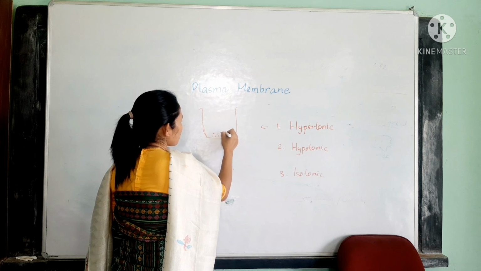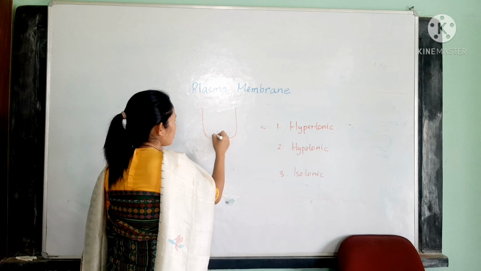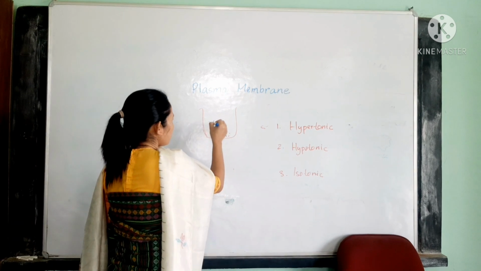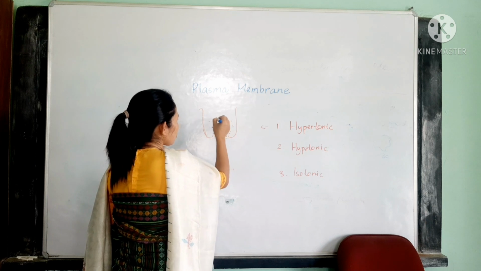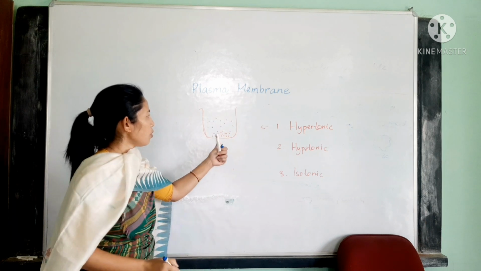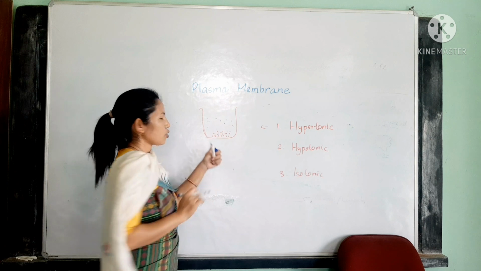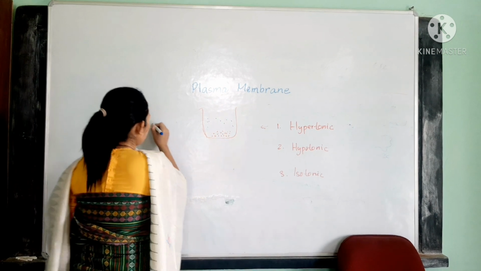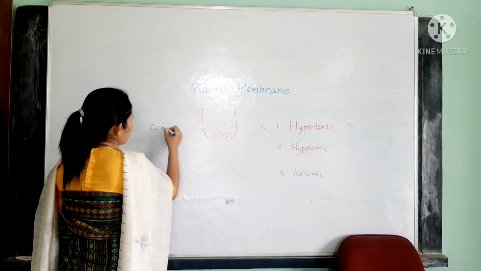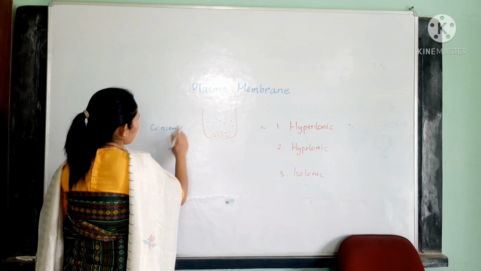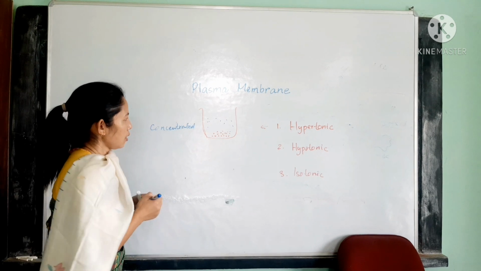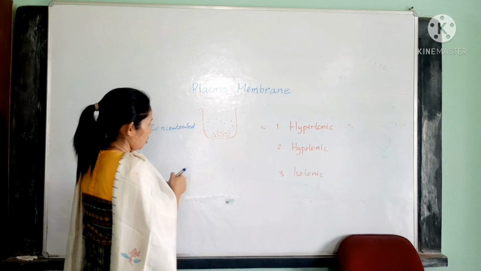Let us consider the red color as the solute and the blue color as the solvent. So here there is more solute and less solvent. Such a solution is a concentrated solution. That is a hypertonic solution.